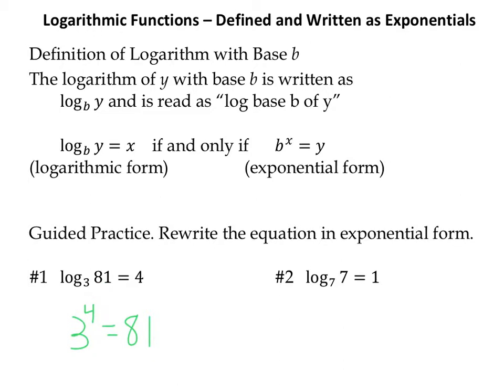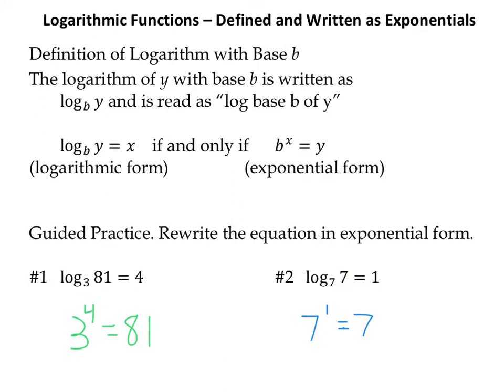We go over to the next example, and we have base 7 to the 1st equals 7. Again, these make sense. If you go back and look at these, if you take 3 to the 4th power, you're going to get 81. If you take 7 to the 1st power, you're going to get 7. And one thing you'll find is whenever these two numbers are the same, it will always equal 1, because a number to the 1st power will equal itself.